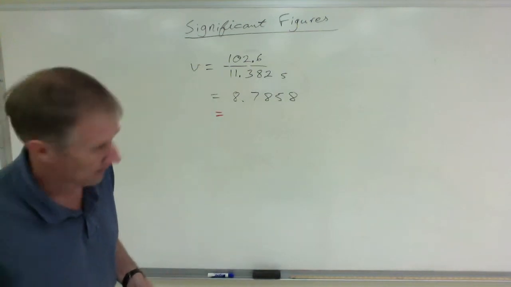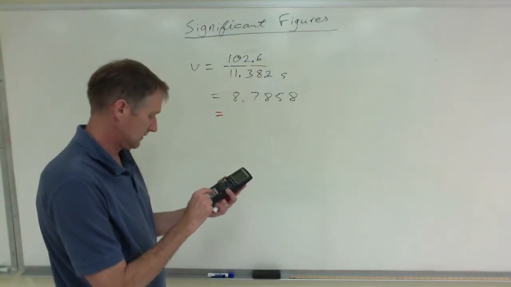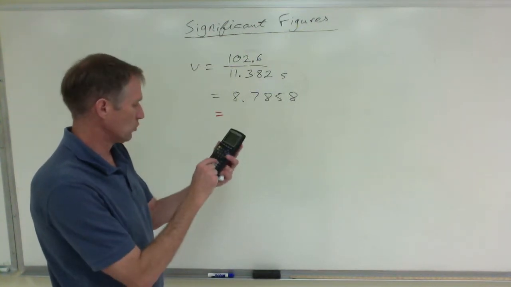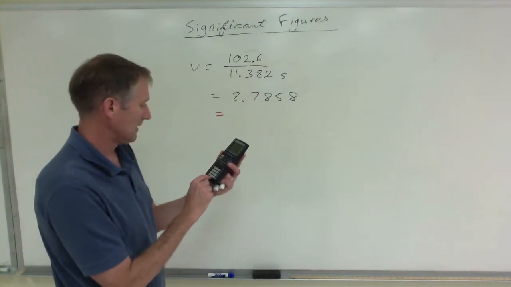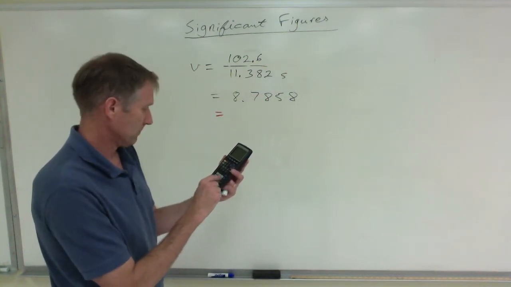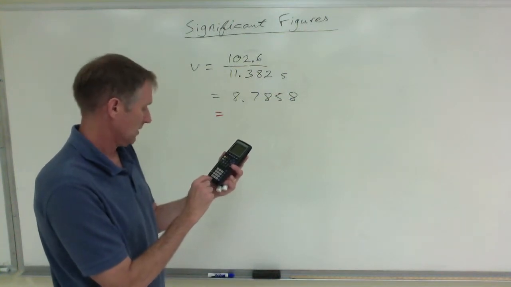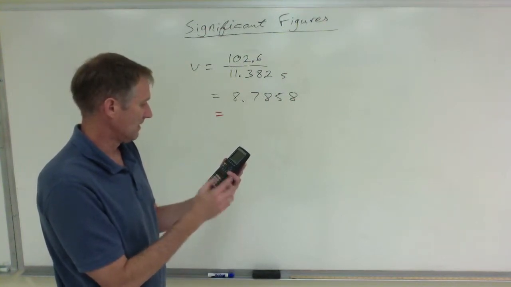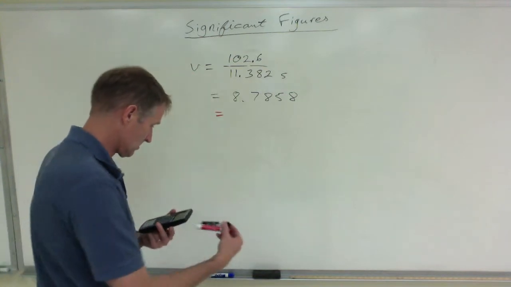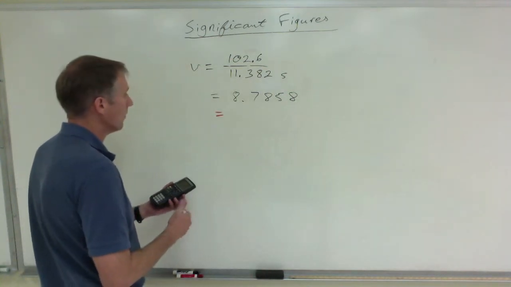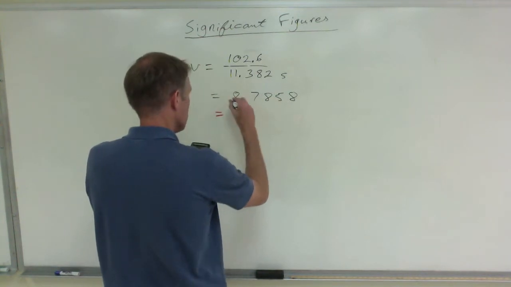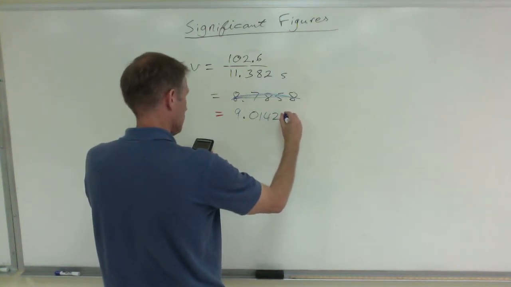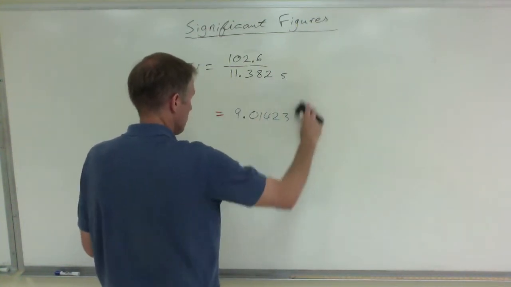Let me get out my handy dandy calculator again. 102.6 divided by 11.382, and I get 9.01. Okay, 9.0143, yada, yada, yada.